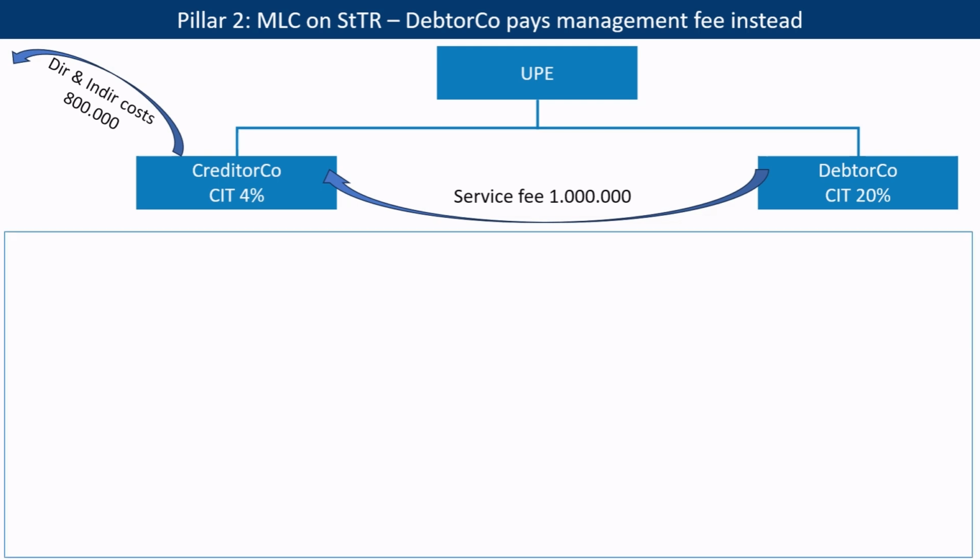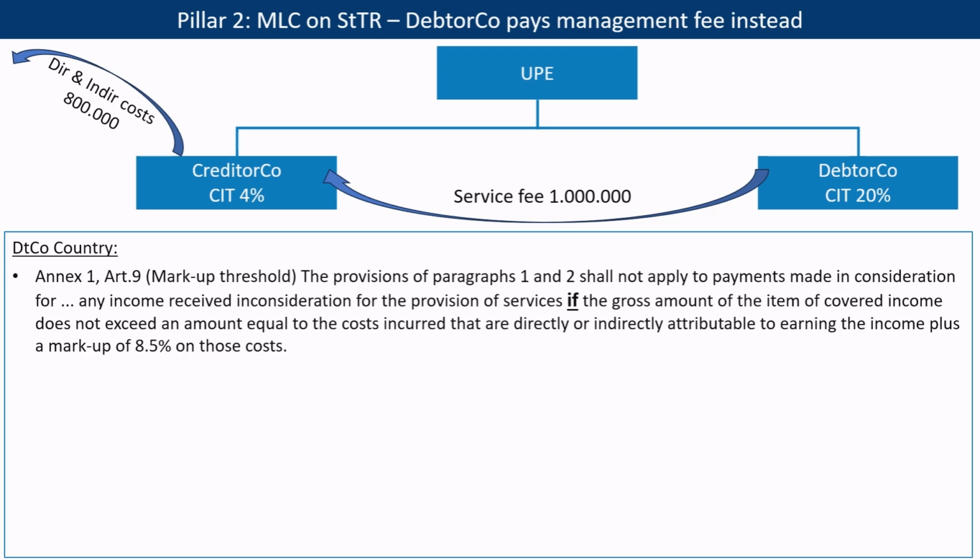What happens is there's a new element introduced when the payment does not concern interest or royalties, and that is, if we look at Annex 1, Article 1, Paragraph 9, which is a markup threshold, it says the provisions of Paragraphs 1 and 2 shall not apply to payments made in consideration for, and then it gives a whole list of everything that's not interest and royalties, including any income received in consideration for the provision of services if, not to the extent that, but if, the gross income of the item of covered income does not exceed an amount equal to the costs incurred that are directly or indirectly attributable to the earning of that income, plus a markup of 8.5% on those costs, right?